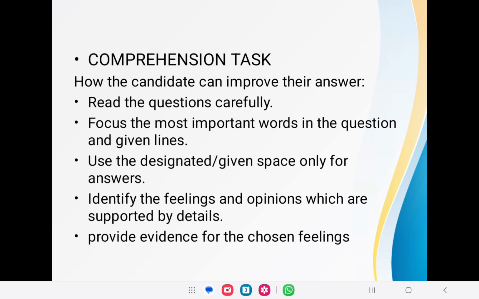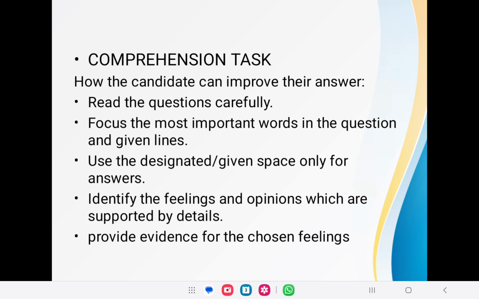Mostly questions based on explicit ideas can be copied from the text, whereas questions based on implicit ideas require that you write them in your own words. So focus, be very clear about the designated space and only use the space that is given there.